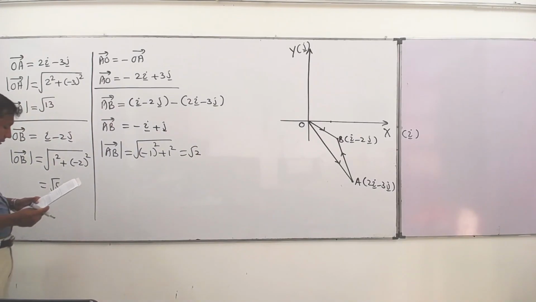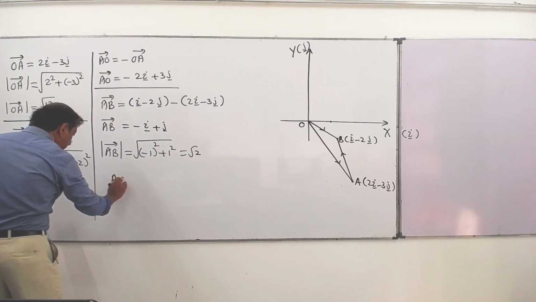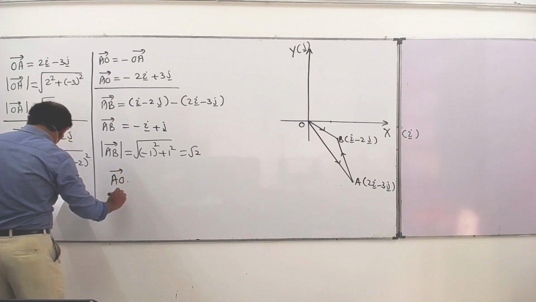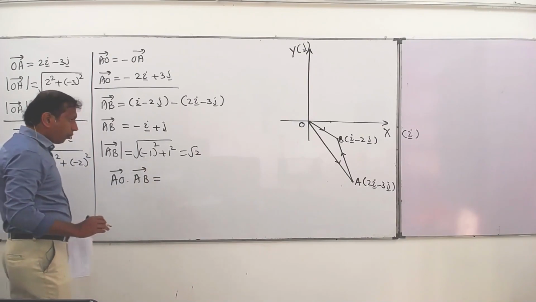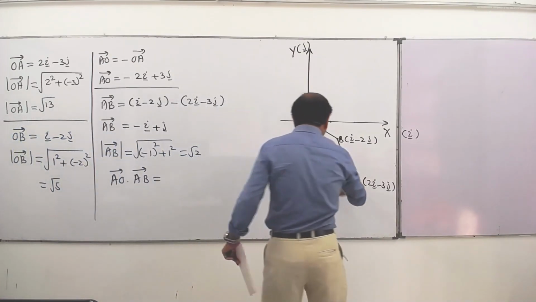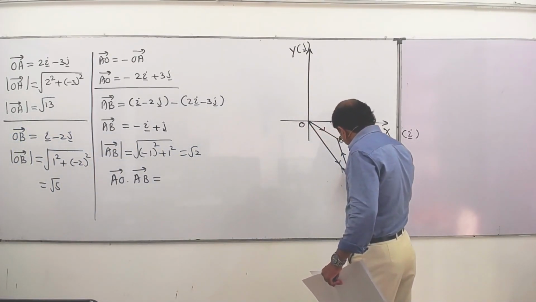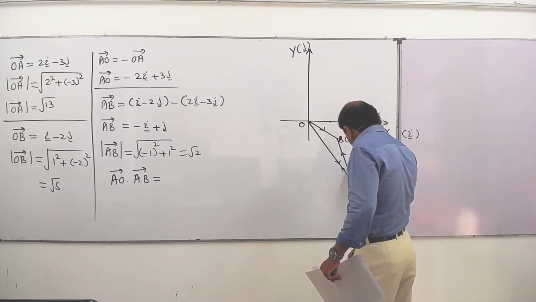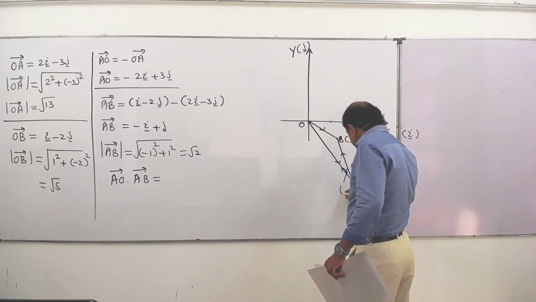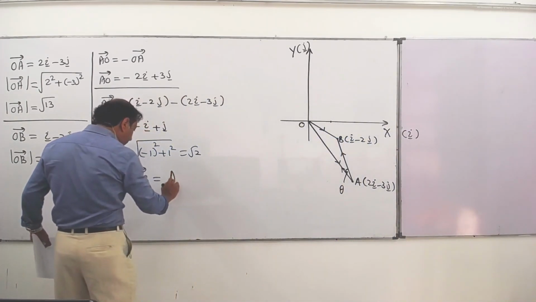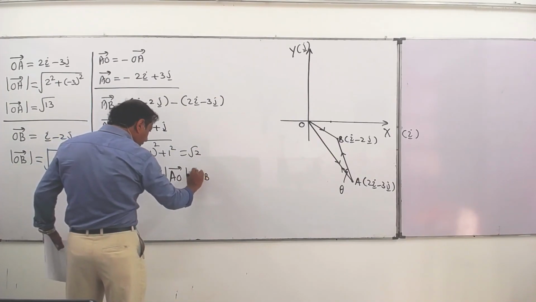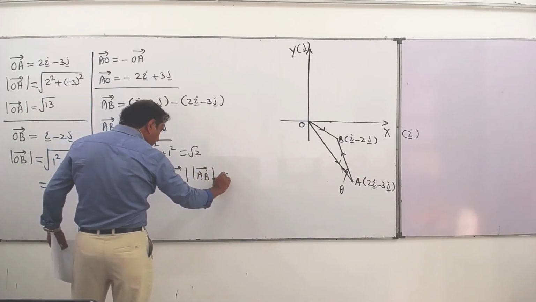Now we need to consider AO dot AB. AO vector means the A to O vector, and AB is the A to B vector. Then, with the angle between them, the dot product is AO modulus into AB modulus into cos theta.